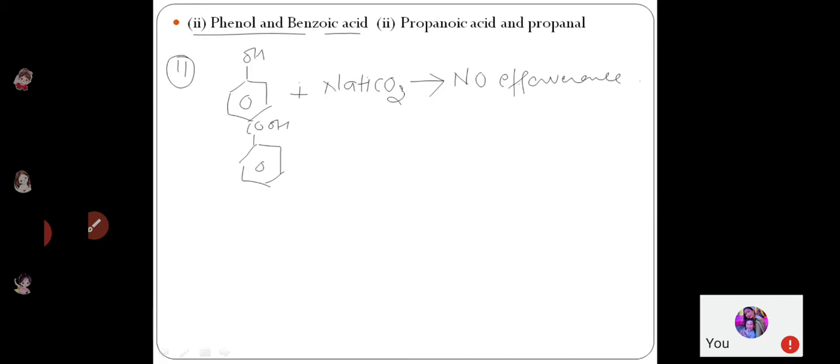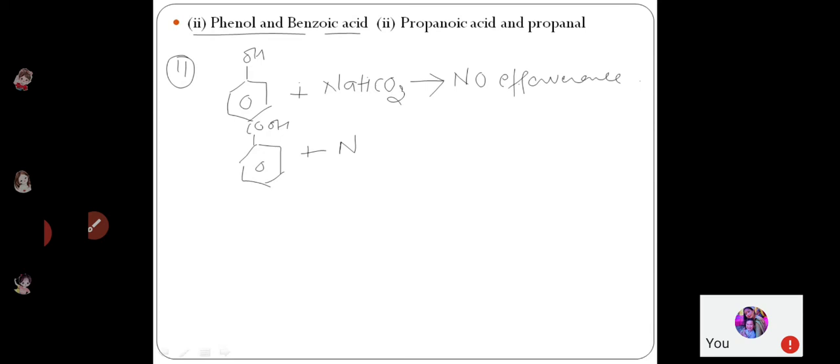And for phenol, the chances are slight, because phenol is slightly acidic in nature. As I said, phenol reacts with the base NaOH and with sodium, so it shows that the compound with phenol is acidic in nature.